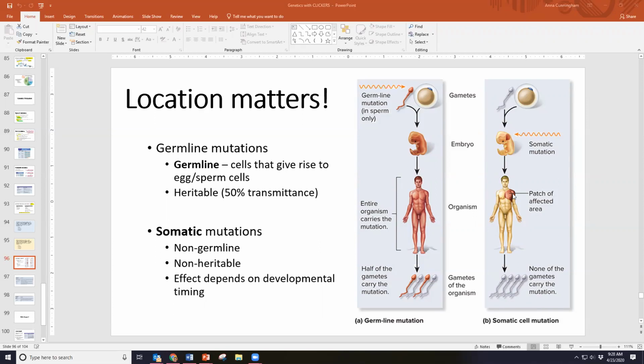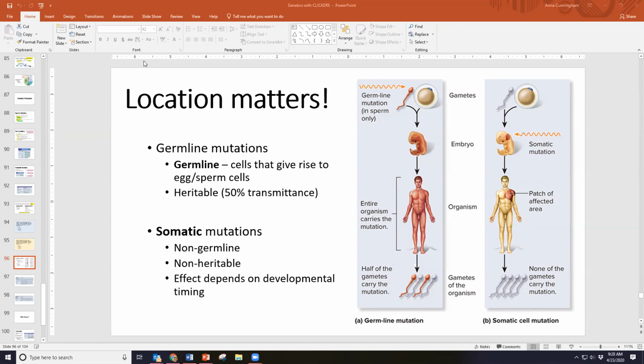However, if that person is an adult and you get a little melanoma, typically they start out the size of a freckle, so it's a very small area. It just depends on when in development those mutations occur, which really impacts severity.